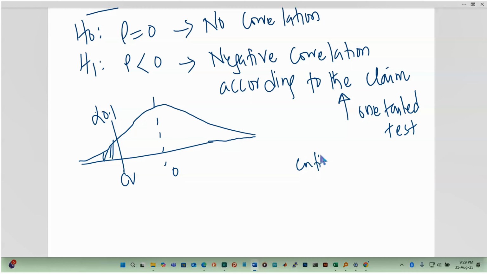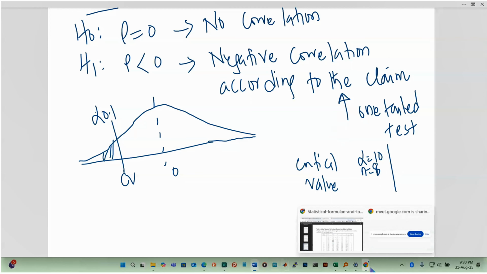So we need the critical value that corresponds to alpha equal to 10, and then n is equal to 8, the number of observations.